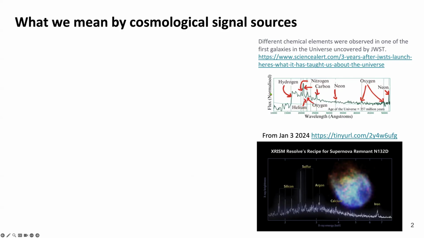Humans cannot see this. This is ultraviolet spectrum. We also can't see the spectra that are produced when we look at the universe with X-ray telescopes. And here are some examples of different elements that we see looking at X-rays emitted by galaxies and so forth.